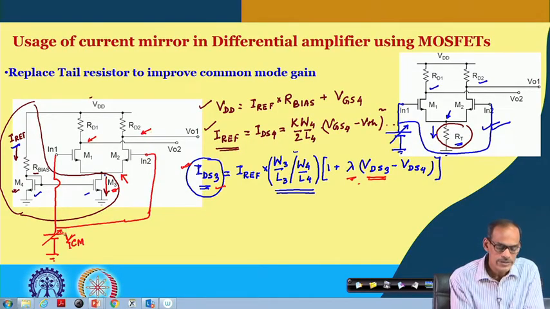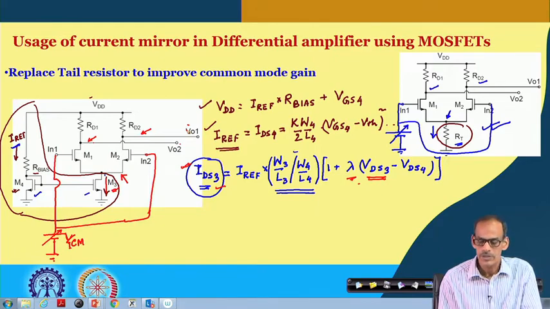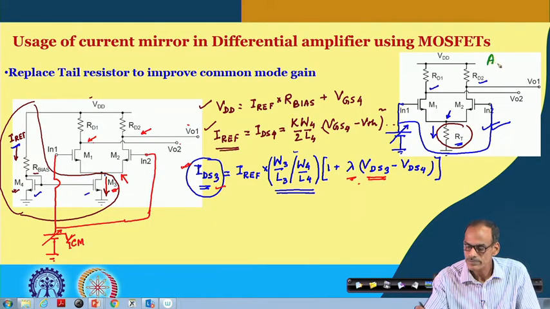In fact, if we have a common mode signal, then the corresponding common mode signal at the two outputs hardly depends on the common mode input. In other words, the common mode gain of this circuit, as we have discussed, is minus Gm into R d divided by 1 plus 2 times Gm into R t.